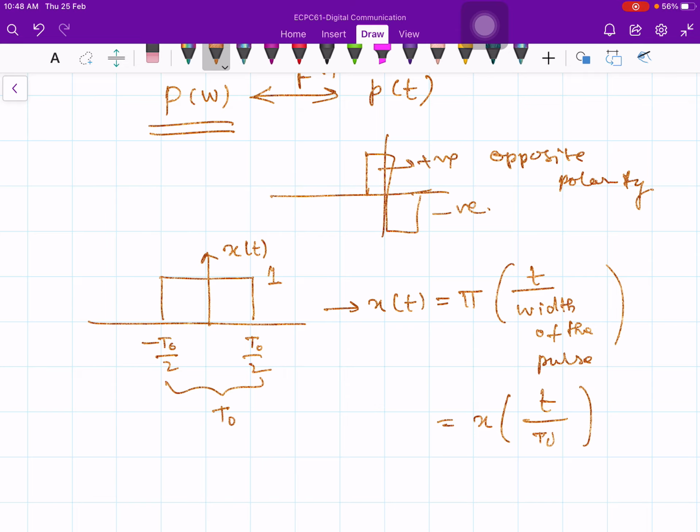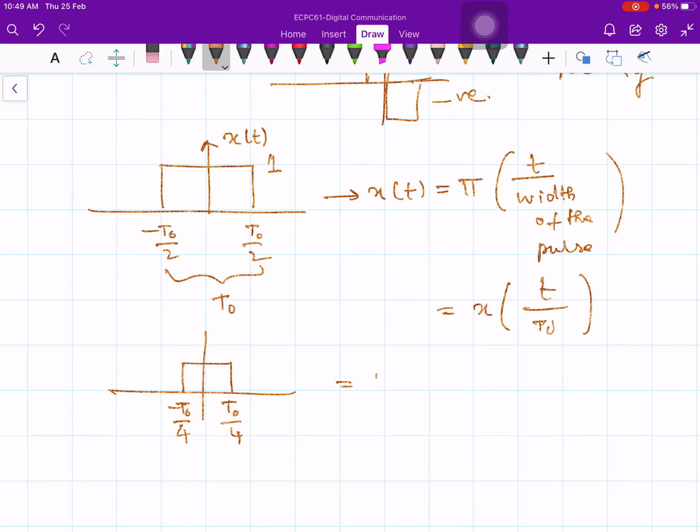Similarly, if I have a pulse like this, from minus T naught by 4 to plus T naught by 4, how do you represent it? Pi of t by T naught by 2, because here the width is T naught by 2, which comes in the denominator.